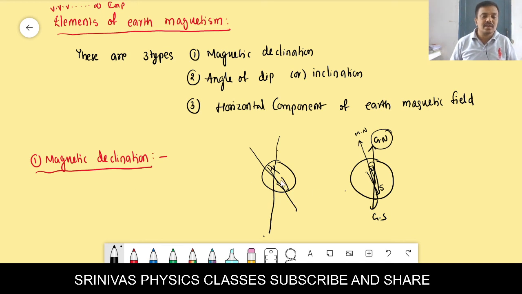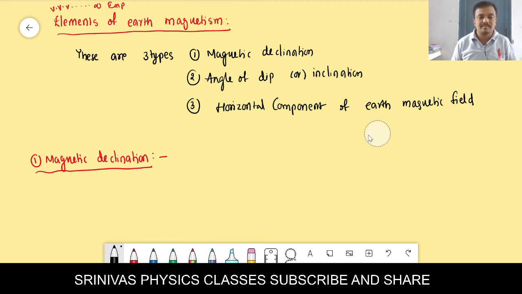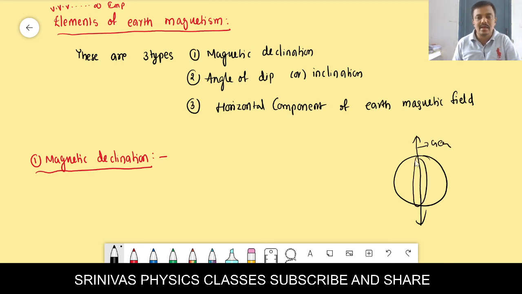Now this we can define in another format also, right? For example, if you cut the earth magnet along the geographical axis, you will get some plane, like this.